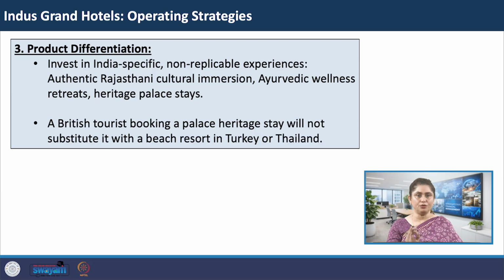These are genuinely India specific offerings that competing destinations like Turkey or Maldives cannot simply replicate. A British traveller booking a heritage experience in a converted Rajput palace is not comparing this against a beach resort in Phuket. The products are different, the comparison set is eliminated. This is the essence of pricing power.